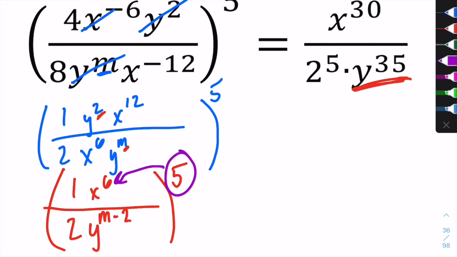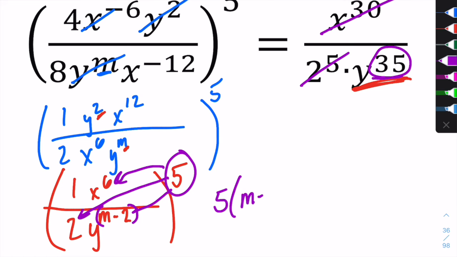So this 5 would be distributing to everything here, and that makes sense. This is how we could see the x to the 30th and the 2 to the 5th. It's also going to distribute to this m minus 2 in parentheses. By distributing, we really mean it's going to be multiplied 5 times that exponent of m minus 2. So 5 times m minus 2 must be equal to 35.